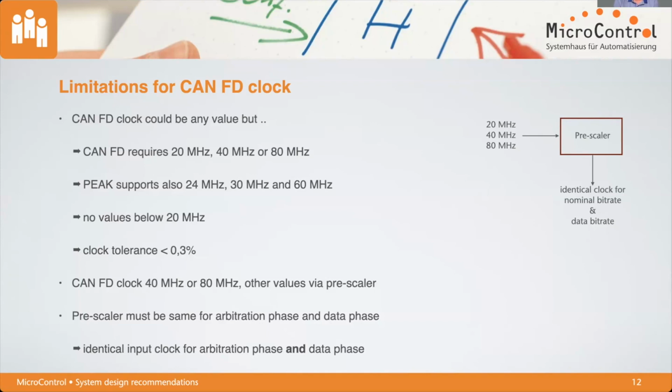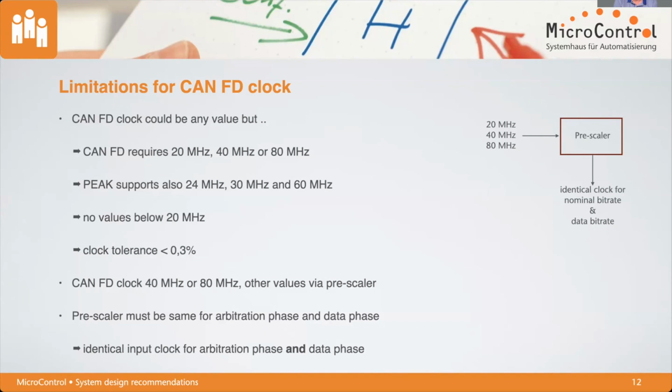But with CAN-open FD, and especially with CAN-FD, that changes. CAN-FD requires clock rates of either 20 megahertz, 40 megahertz, or 80 megahertz. Within CAN in Automation and within our specification, we recommend to use 40 megahertz. The major reason is we want to make sure that all devices in your network use pretty much the same clock, and that is a recommendation of Bosch.